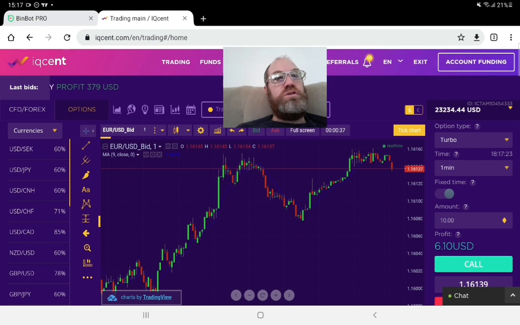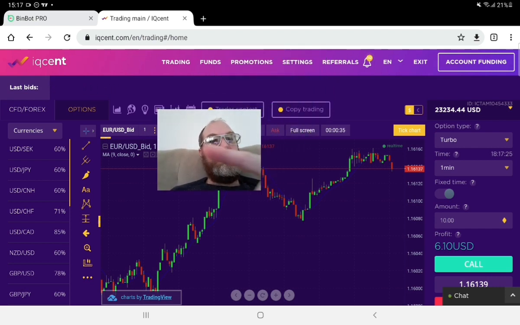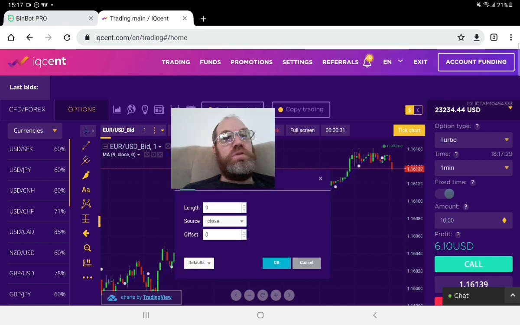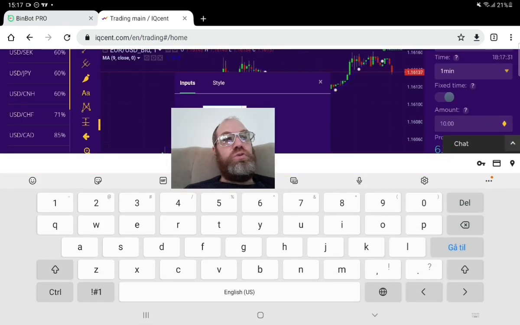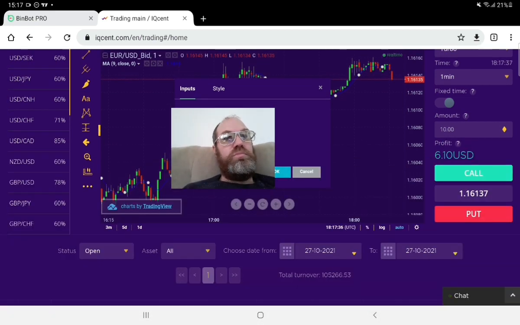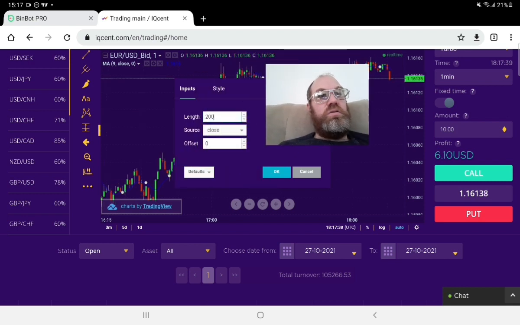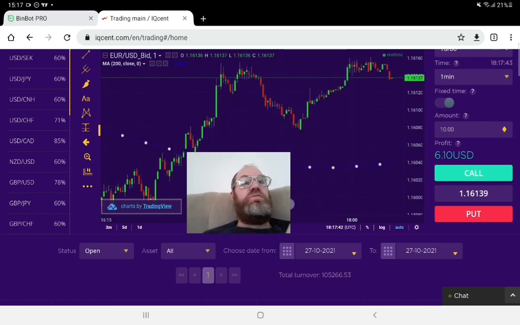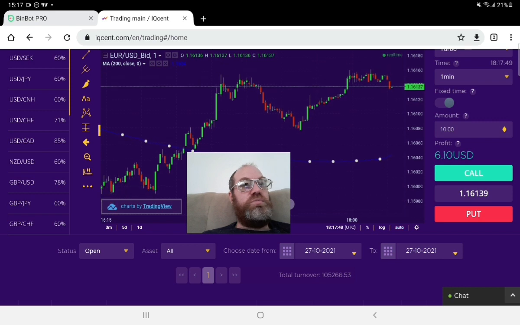You push this wheel you see there. You push this. You change this to 200. We go down and we push OK. Then you can see now, for example, with euro. Let's put the chart first now. Let's see.